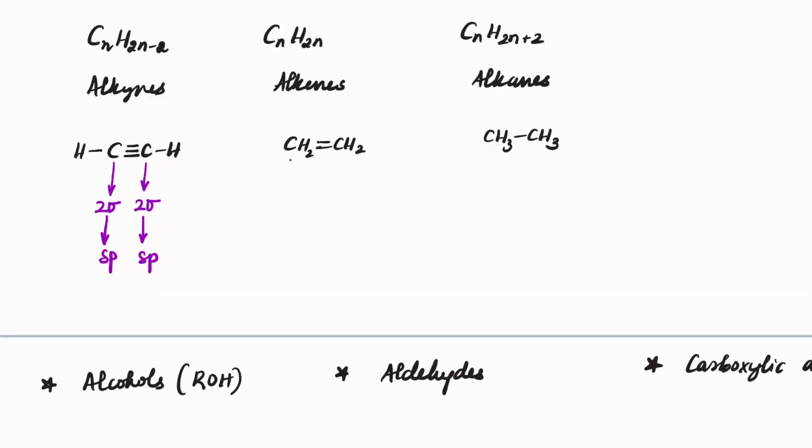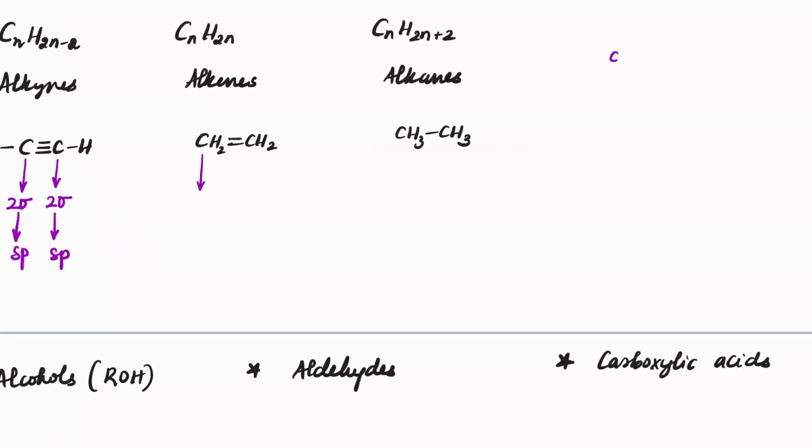Here, this carbon has two hydrogens. This way of writing is called the compact or condensed way of writing the molecule. It means we have two hydrogens connected to this carbon and another two hydrogens connected to this carbon. So in short, this carbon has three sigma bonds, which implies sp2 hybridization.